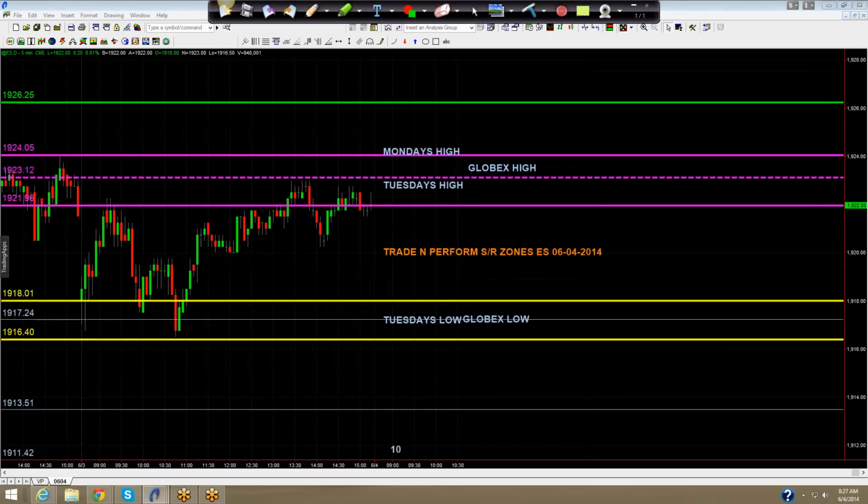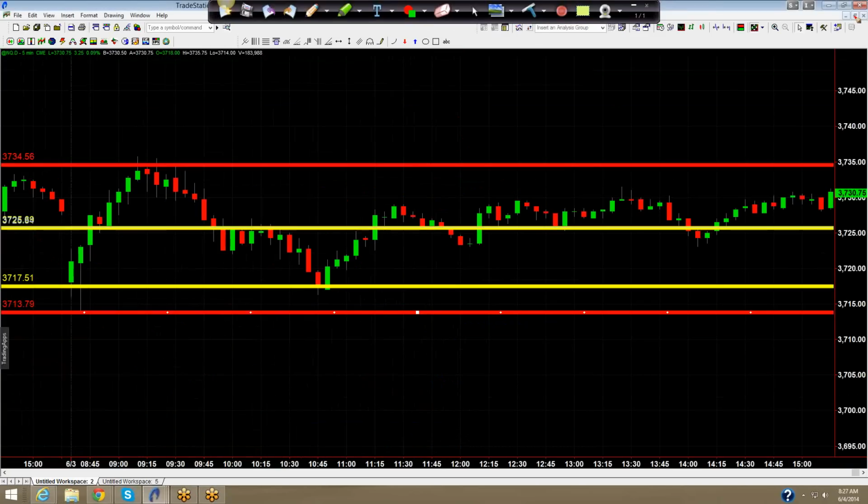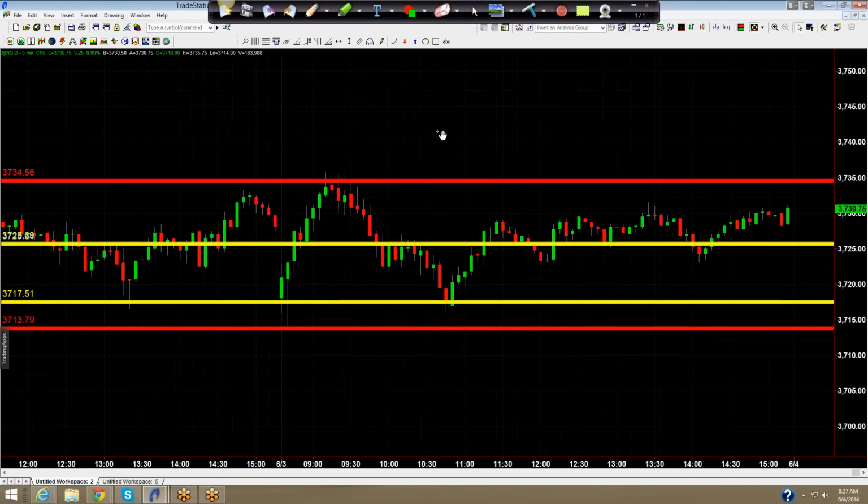And Globex low is 37.1750. Okay, let me drag this over. Okay, the only thing I'd have to say is relative to ES, NQ has been weaker the last couple of days. Let's see if anyone else has any question.